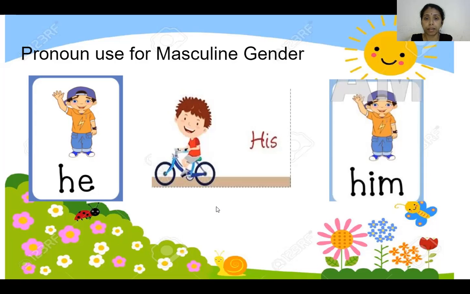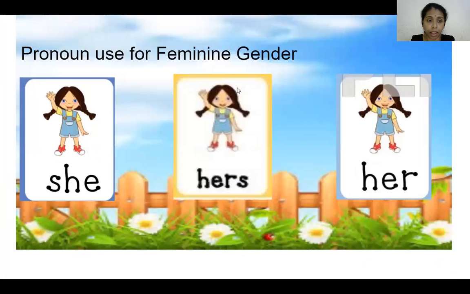Similarly, there are some pronouns that we will use for feminine gender, means female person, like she, hers, her. These words are used for feminine gender, means female person.